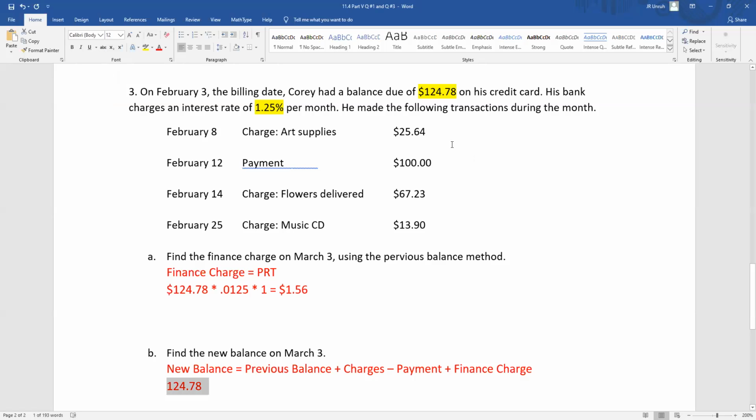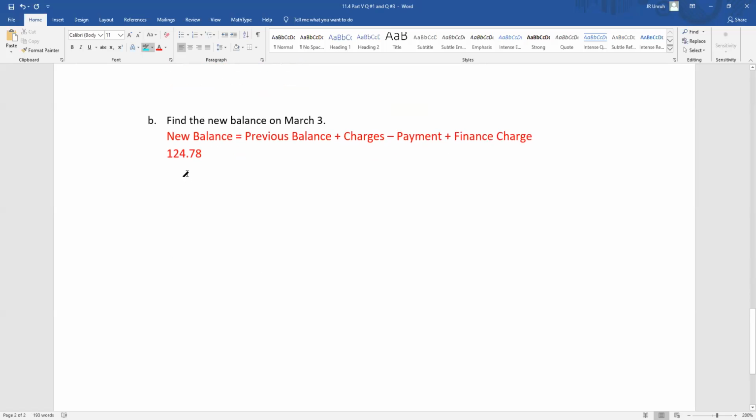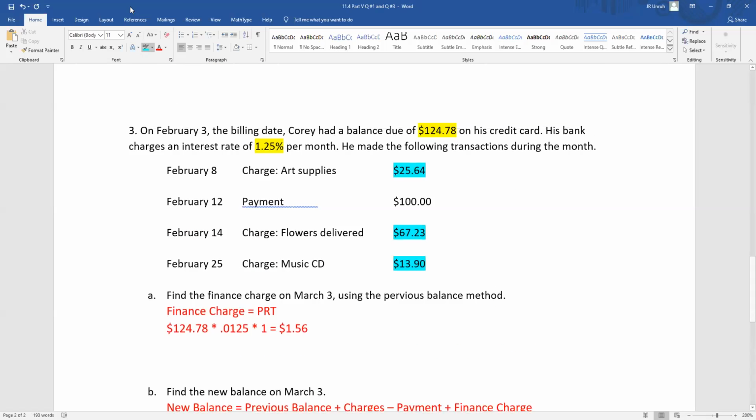This is where we're not told exactly what the charges are. They are listed. So here's a charge, let's highlight that and make it blue. And here's another charge, and another charge. We need to add those together.